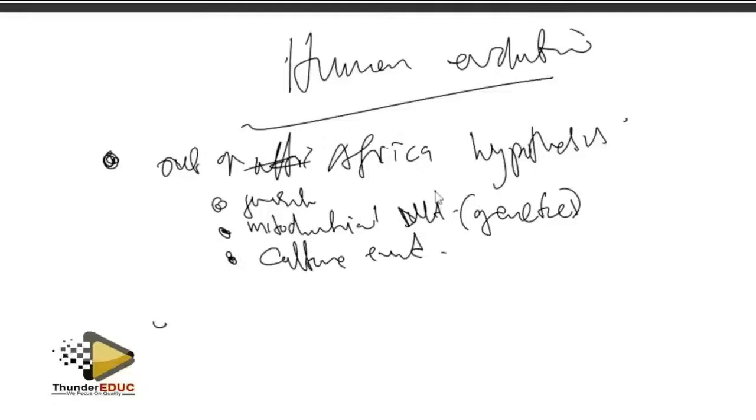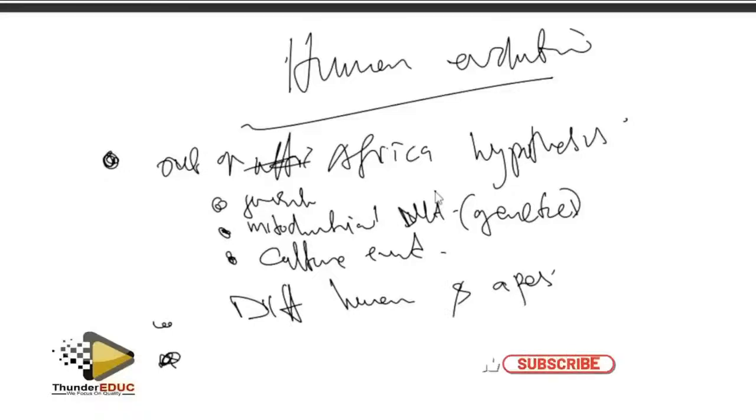And then they can also talk about the differences between humans and apes, and also similarities between apes and humans. There is no other 6 mark question they can bring here. Nothing. I repeat, nothing. Unless it's going to come from heaven.